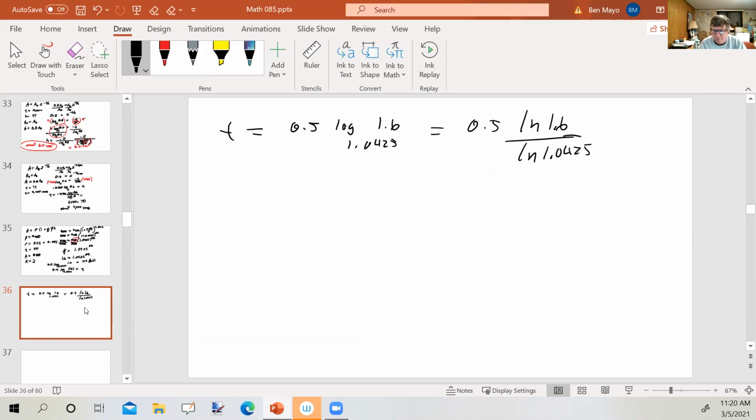Okay, so 0.5 natural log of 1.6, close it up, divided by natural log of 1.0425, close it up. And let's see here, where is this? I'm getting 5.646, and this is years, and they're saying it's about 5.6 years.